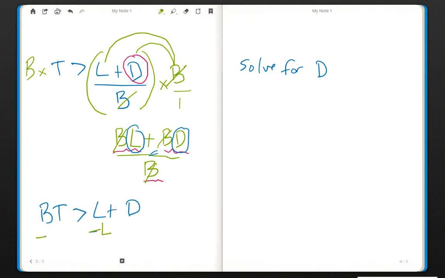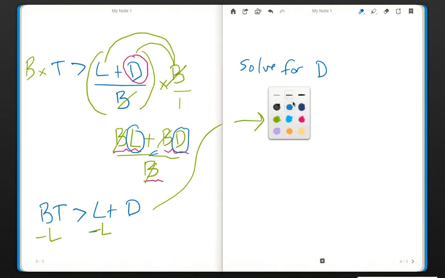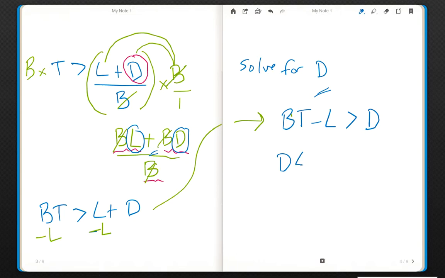Subtract L, subtract L. And we get bt minus L is greater than d. Another way of saying that is d, because I like my variables on the left, we're solving for d, right? d is, now I'm switching it, so I have to switch the sign, less than bt minus L.